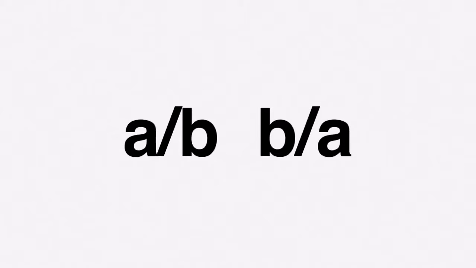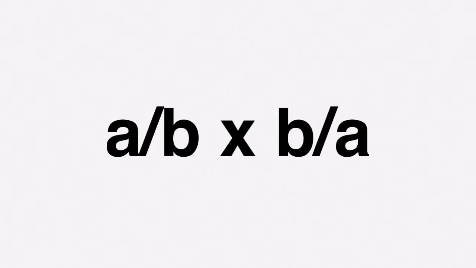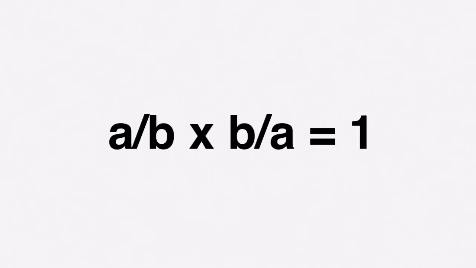Now, multiplicative inverse means that we need to multiply them, and we've learned that when we multiply a fraction by its multiplicative inverse, we come up with 1. Now, this formula is important because using a and b, we can plug in any value we want for a and any value we want for b, and it will always equal 1 using this formula.